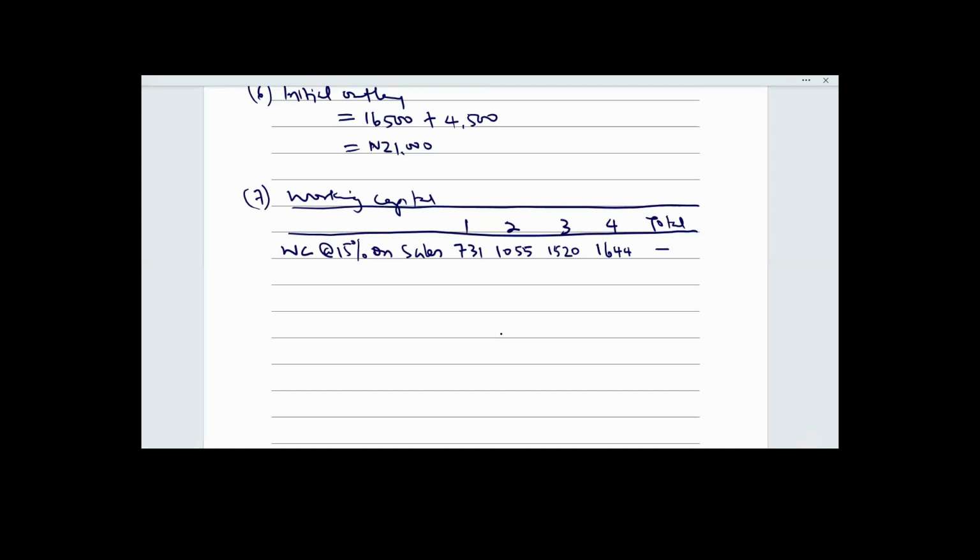You can see working capital has increased from 731 to 1644. Therefore, we need to find the incremental working capital. The first year working capital is 731. This has increased to 1055, so 1055 minus 731 is 324.